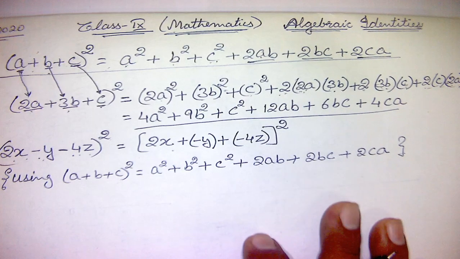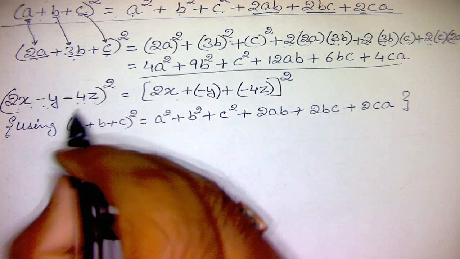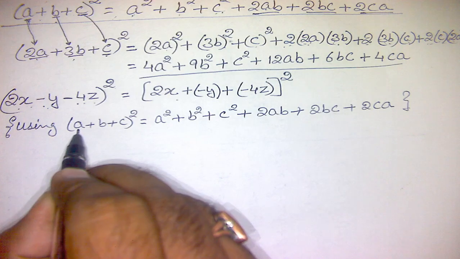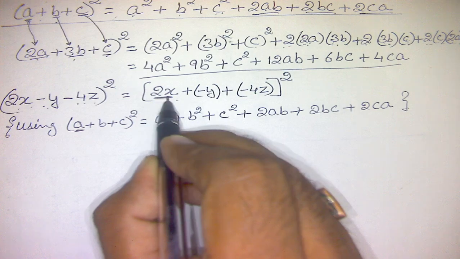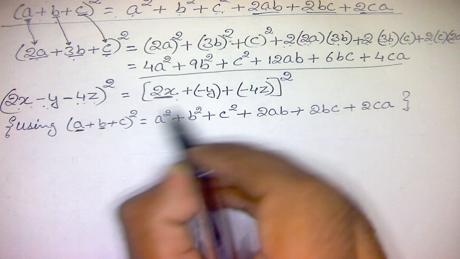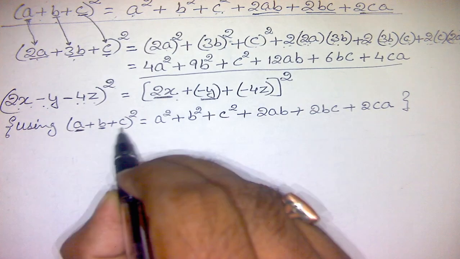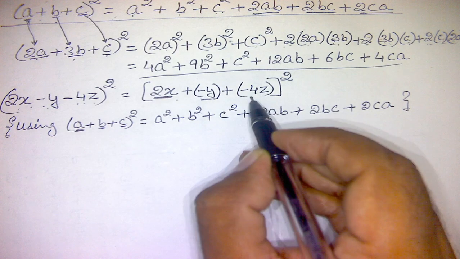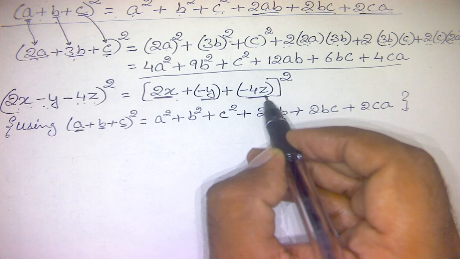Now if you use this identity and compare it, what do you find? The a in identity is equal to 2x in the question, b in the identity is equal to minus y in the question, c in the identity is equal to minus 4z in the question.